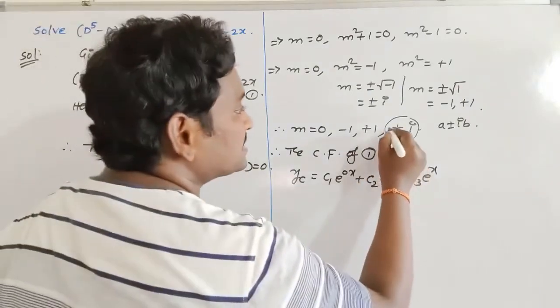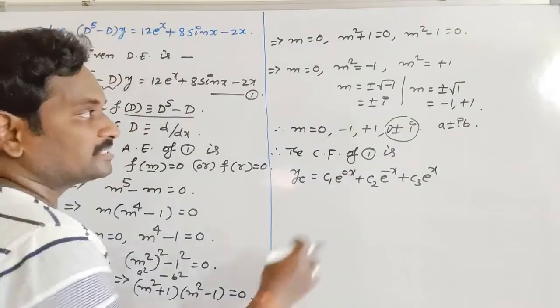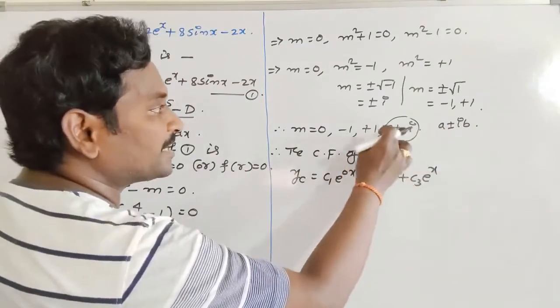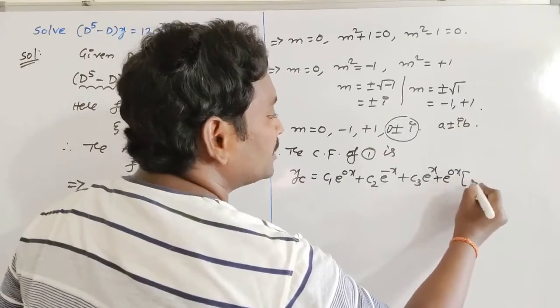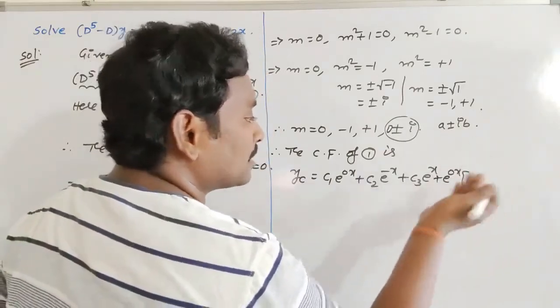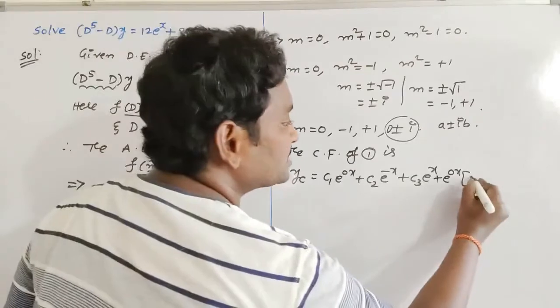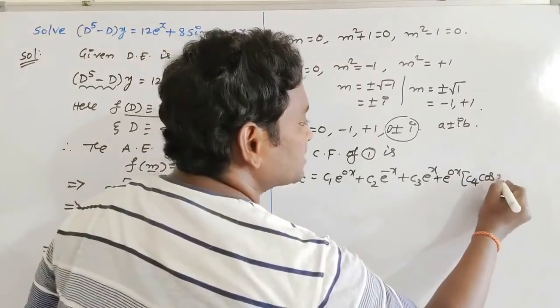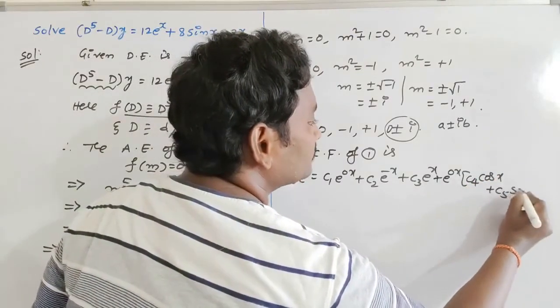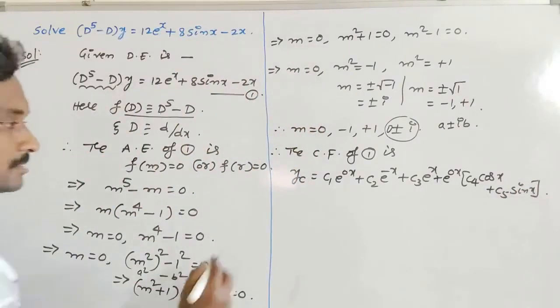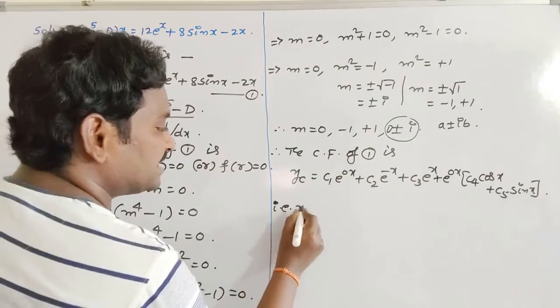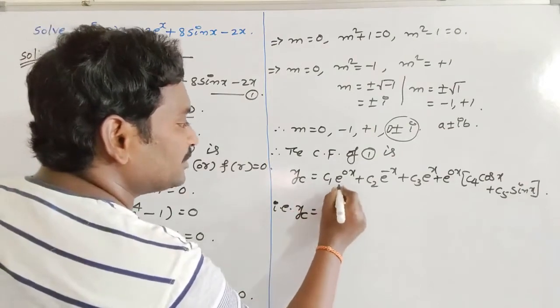But here a is 0 because there is no real part. So it would be e^(0x) times c4 cos x + c5 sin x, since c1, c2, c3 are already used.